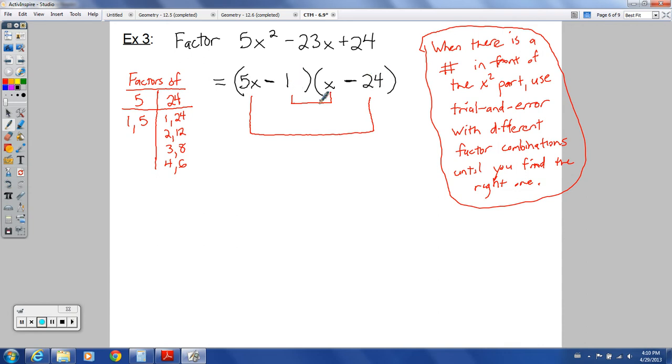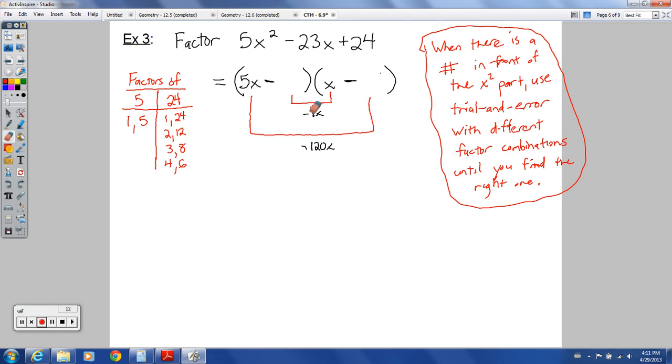If I put these two things together, I would have, again, don't write this down, you're just listening, you'd have negative 1x, and these two parts, whoa, that's going to be huge, negative 120x right there. If I put those two things together, I definitely don't get negative 23, I get negative 121. And so, sorry, that didn't work out for us. That wasn't so good. So we're going to erase that.